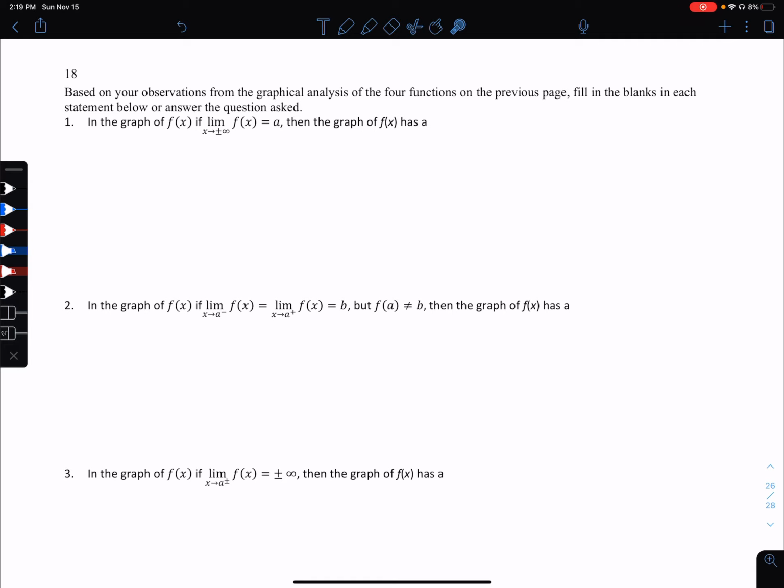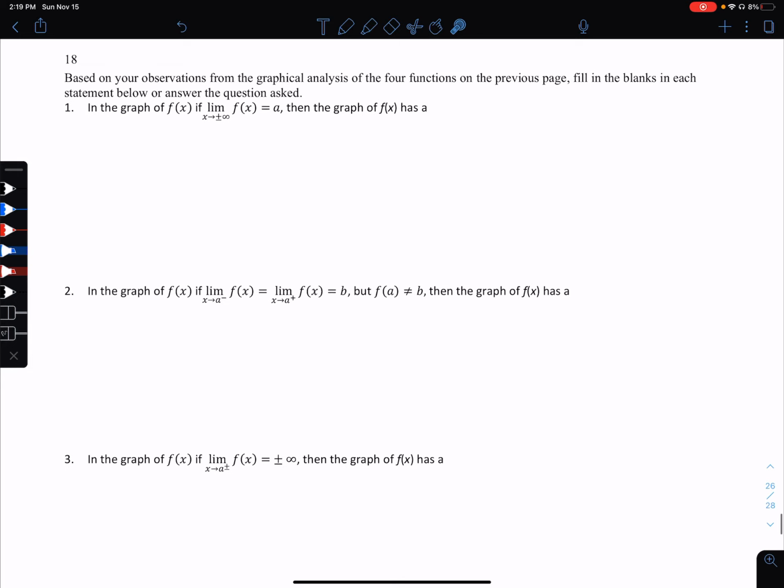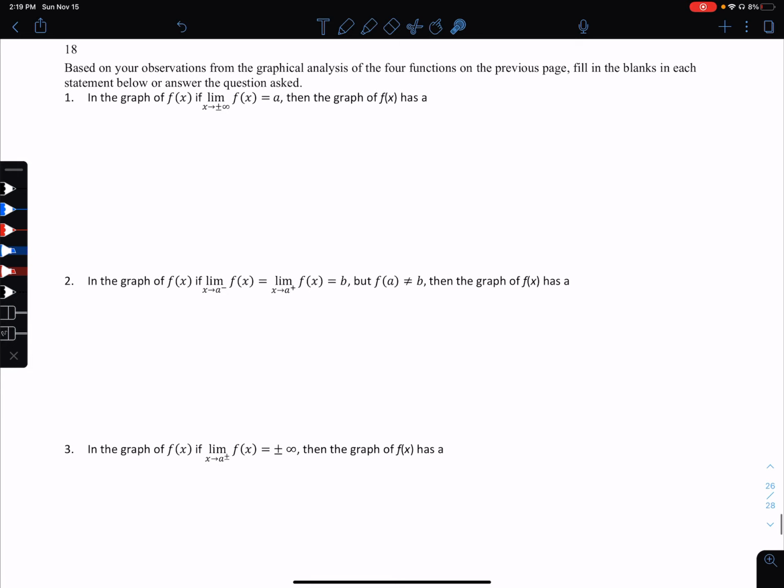Based on your observations from the graphical analysis of the four functions on the previous page, fill in the blanks in each statement below or answer the question asked.